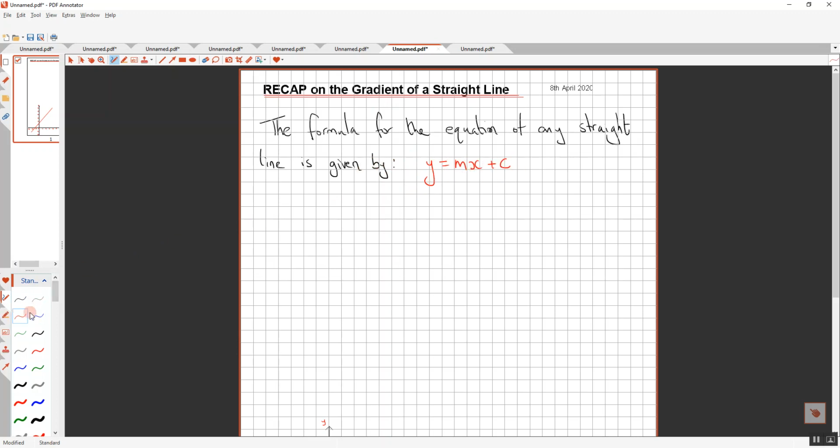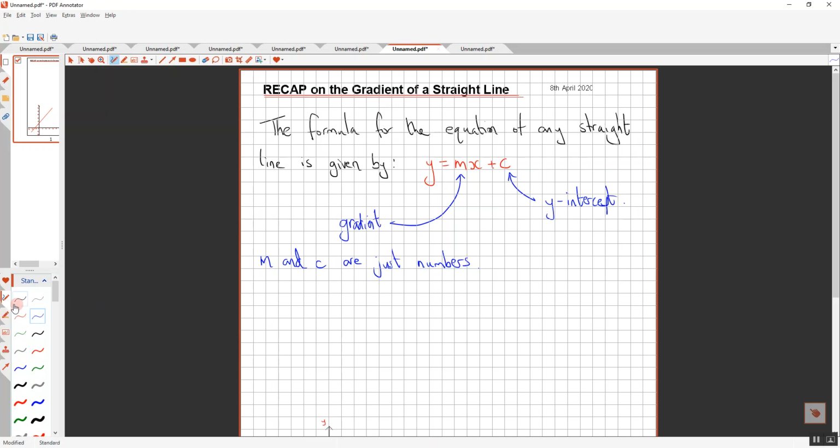So remember, we said this is the equation for any straight line. We said that m stands for the gradient, and c stands for the y-intercept. And m and c are just numbers.